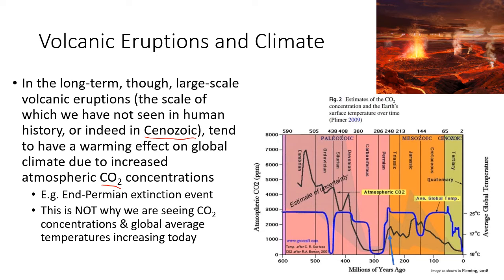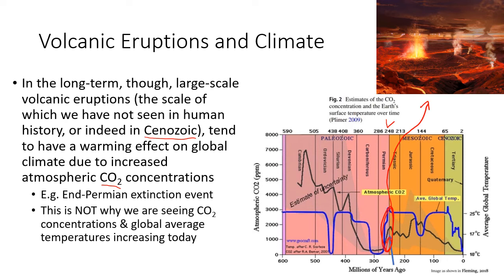We see right here at the border of the Permian and the Triassic, there was a spike of carbon dioxide and a spike of temperature, both increasing at the end of the Permian due to what they call flood basalt volcanic activity. It was the Siberian traps. What traps means is a giant area of flood basalt.